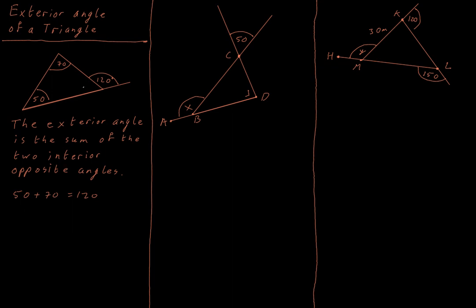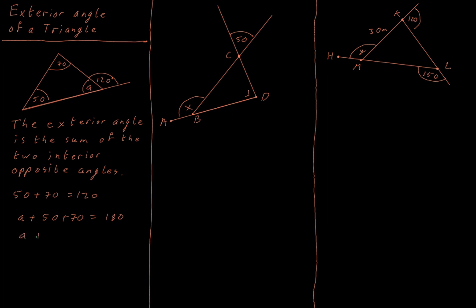Let's have a look at why that must be the case. We know the angles in a triangle add up to 180 degrees. So if we knew what this angle A was, A plus 50 plus 70 must add up to 180, because it's the 180 degrees in the triangle.